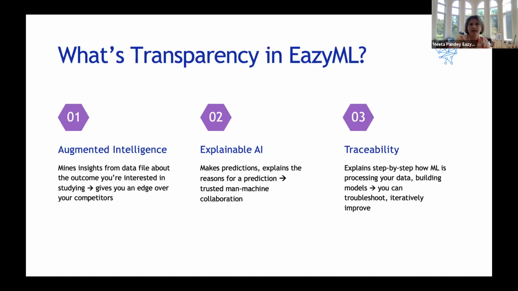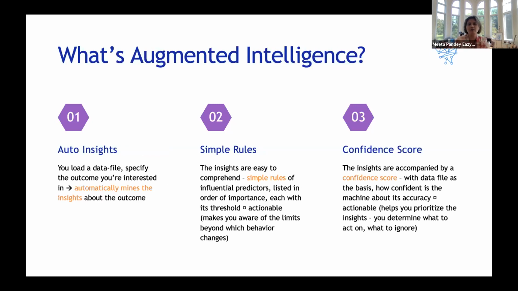So since today we are talking about augmented intelligence, let's define what augmented intelligence is. Very simply put, augmented intelligence mines insights from your data automatically. Analysts mine data today manually using IT and BI tools, and it's a very tedious and long process. And sometimes they can miss out key insights because of their inherent biases.